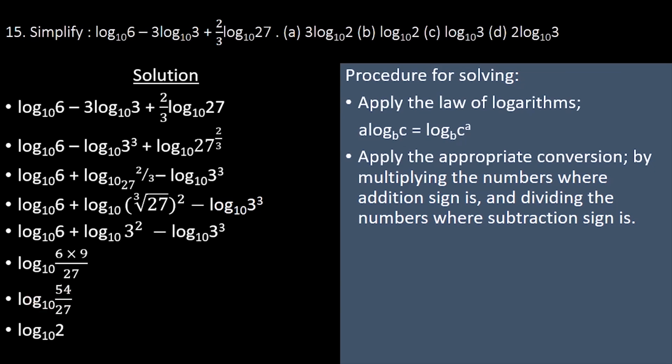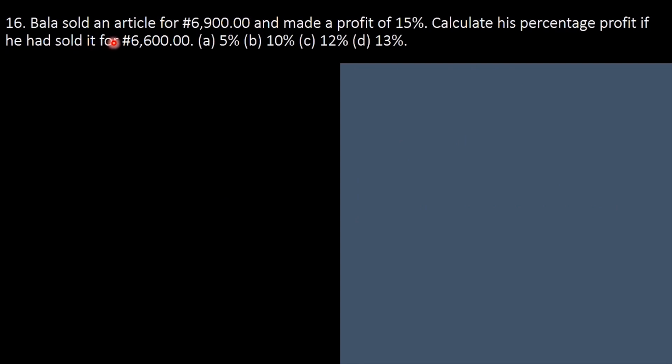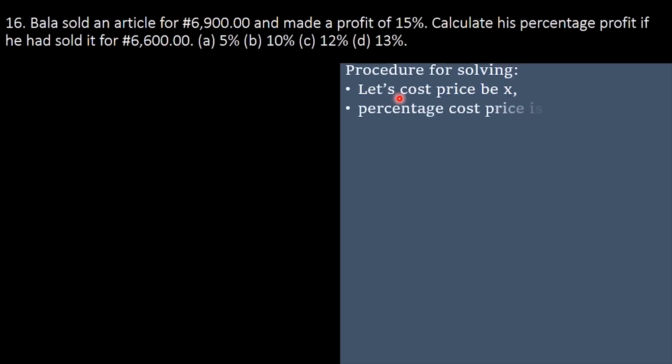Question 16. Bala sold an article for 6,600 naira and made a profit of 15%. Calculate his percentage profit if he had sold it for 6,600 naira. Here is the procedure for solving this. Let cost price be x, then the percentage cost price is 100%. Now the percentage of profits made is equal to 15%.